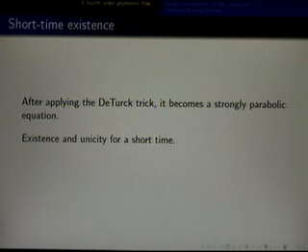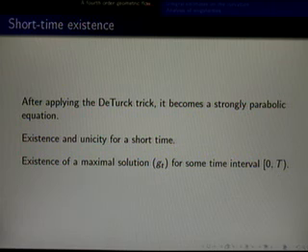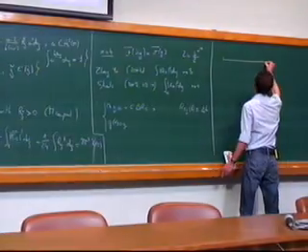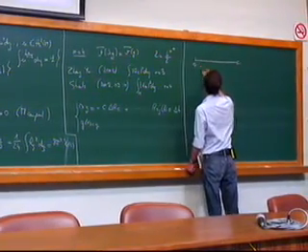According to the theory for this kind of equation, you will have existence and uniqueness on a short time interval. Then you have a maximal solution: your solution will exist for a maximal time interval, and for some positive t, the flow will stop existing.